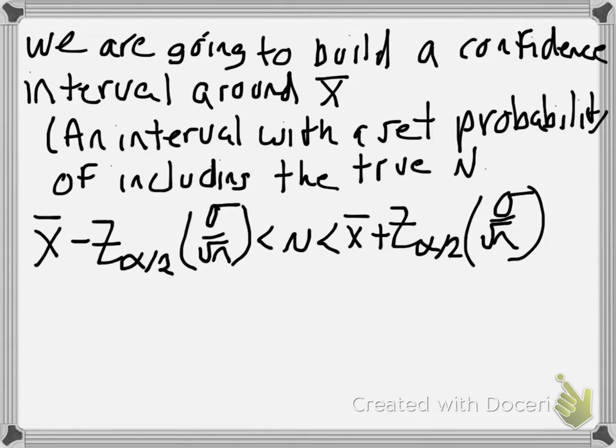Now, Z of alpha over 2 times sigma over the square root of n, that has a name. This is a name that you need to know. This is the max error of the estimate.